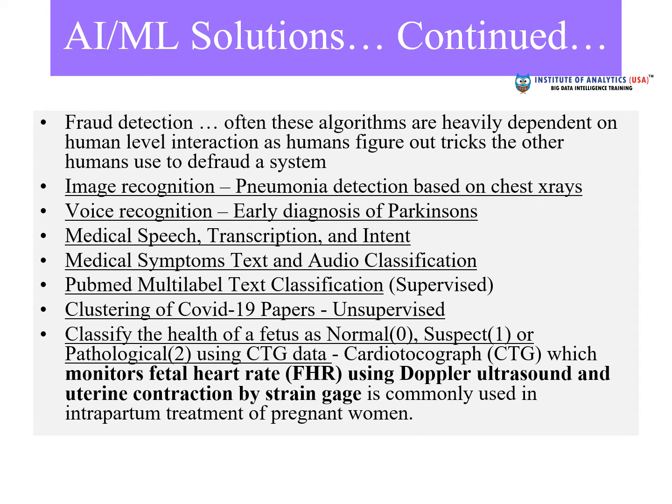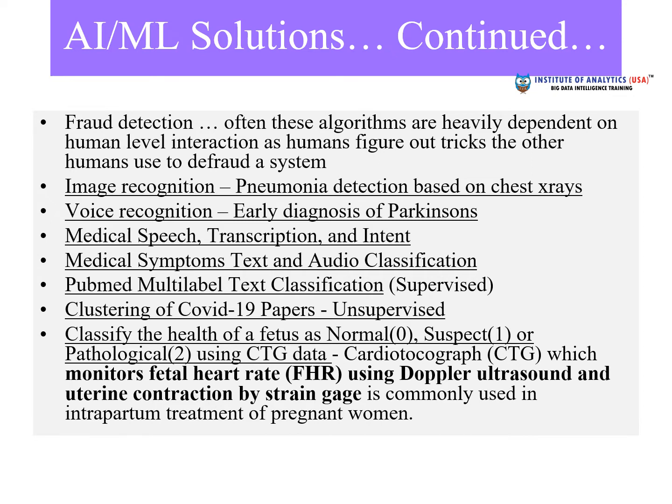For example, multi-label text classification from any collection of library. In this case, I'm talking about healthcare. PubMed holds all health-related publications in its library, available through the National Institutes of Health. And we call it a supervised algorithm there. Clustering of COVID-19 papers, we use an unsupervised algorithm there.